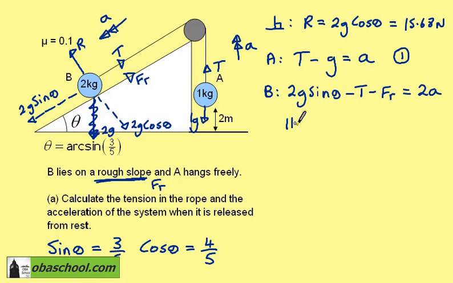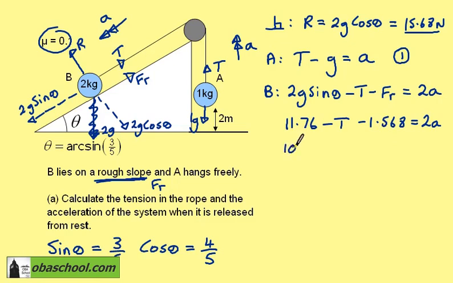This gives us 11.76, take away T, take away the friction, which is mu times R, so minus 1.568, is equal to 2a.